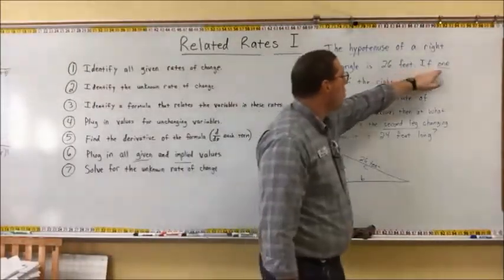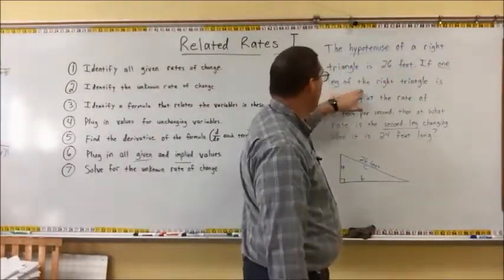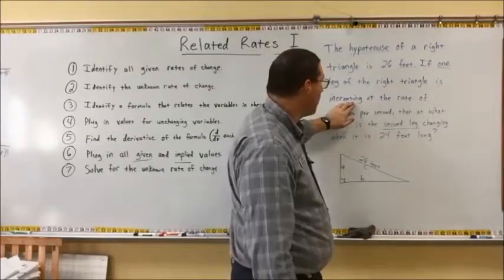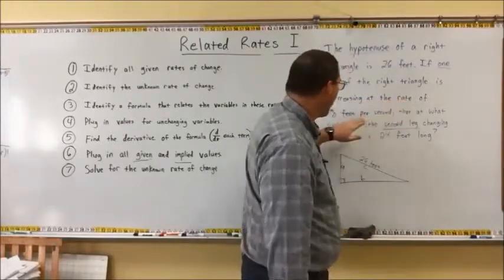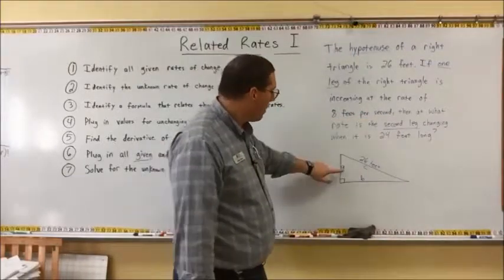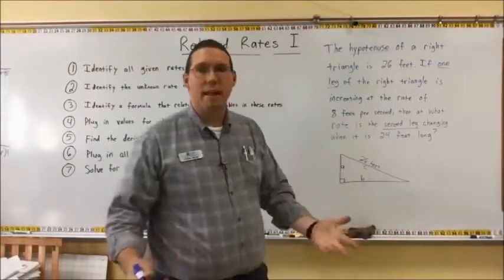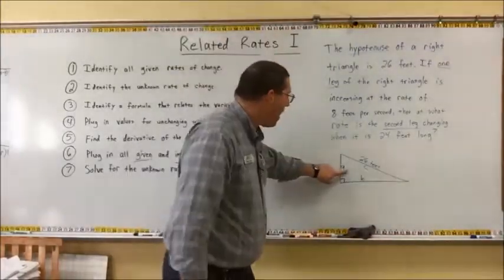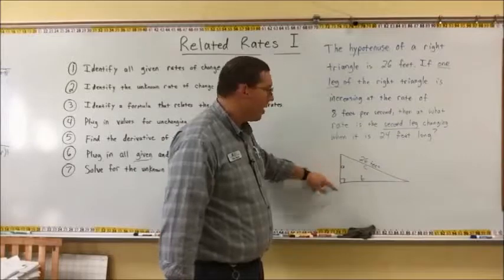Well, it says that one of the legs of the right triangle is increasing. One of the legs is increasing at the rate of 8 feet per second. So we can either pick A or B as the leg that is increasing. Let's use A. So A, this leg is increasing.